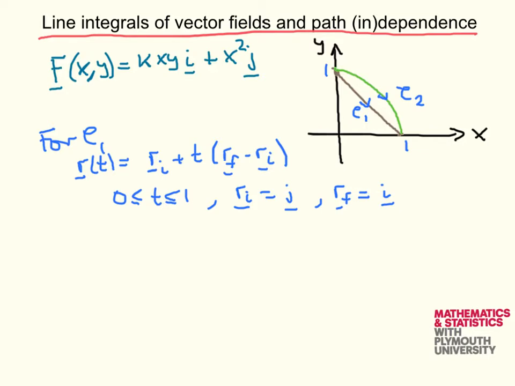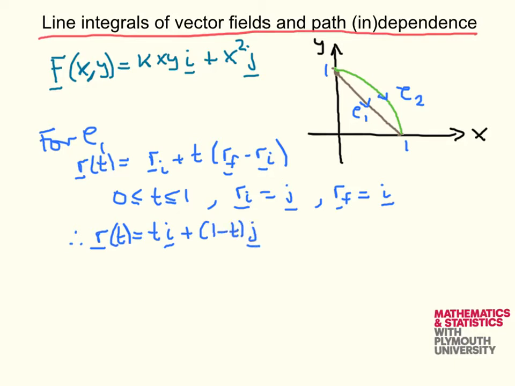So we can put all of that together, and what that tells us, it's easy to check, is that the position vector on the straight line as a function of our parameter t is t i plus (1 minus t) j.